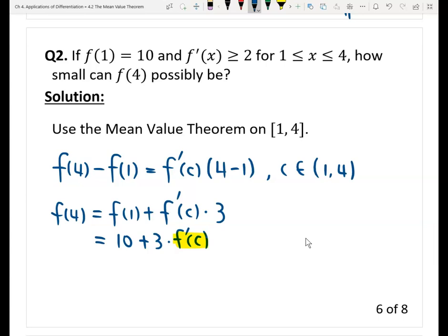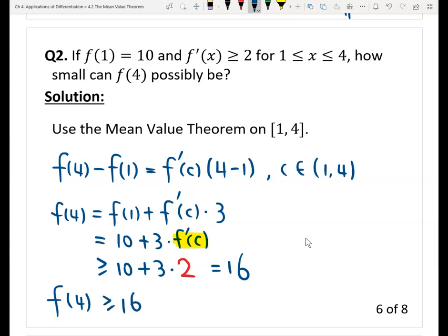Therefore, we get f(4) greater than or equal to 10 plus 3 times 2. Let me calculate it. The answer is 16, which means f(4) is greater than or equal to 16.